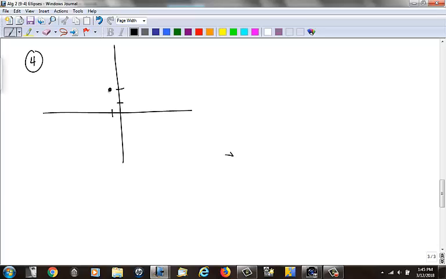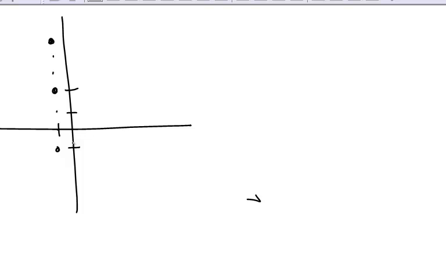From that center point, go down 3 and up 3. From that center point, go to the right 1, go to the left 1.